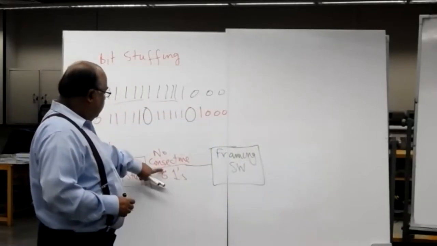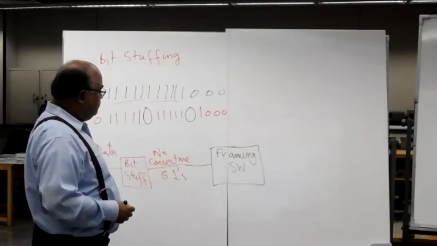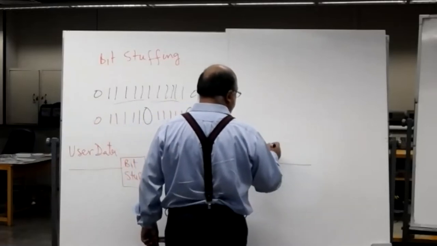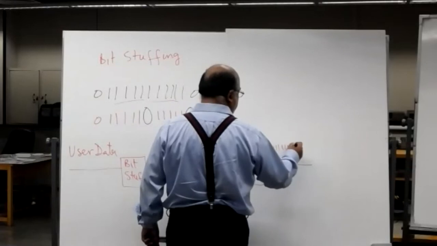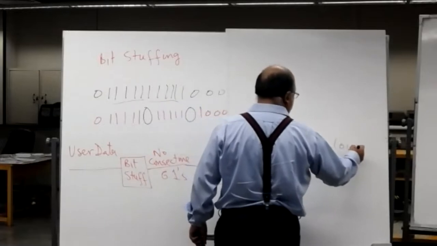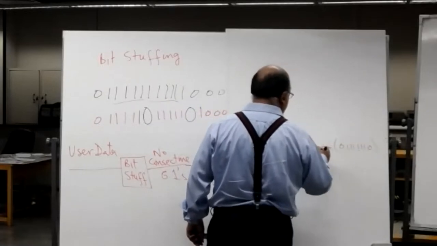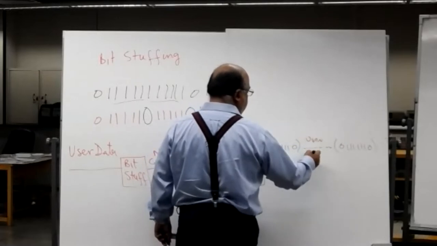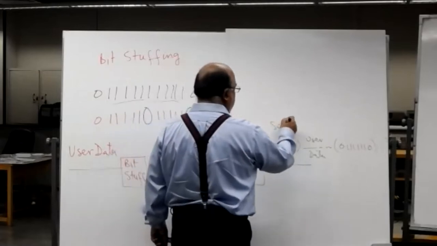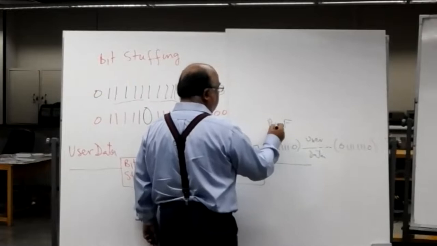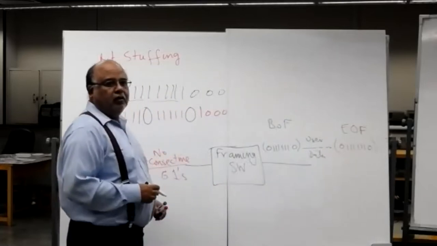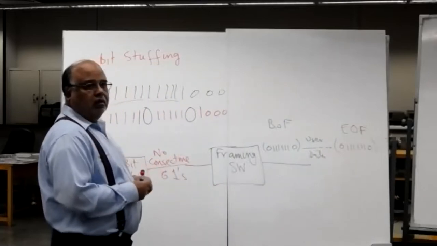This framing software inserts start of frame and end of frame. This kind of packeting is the user data. So this is the start of frame or beginning of frame, BOF, and end of frame.